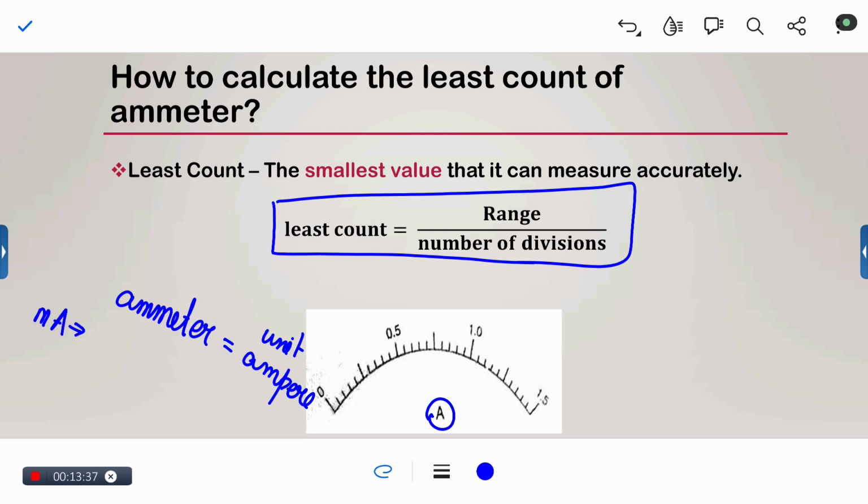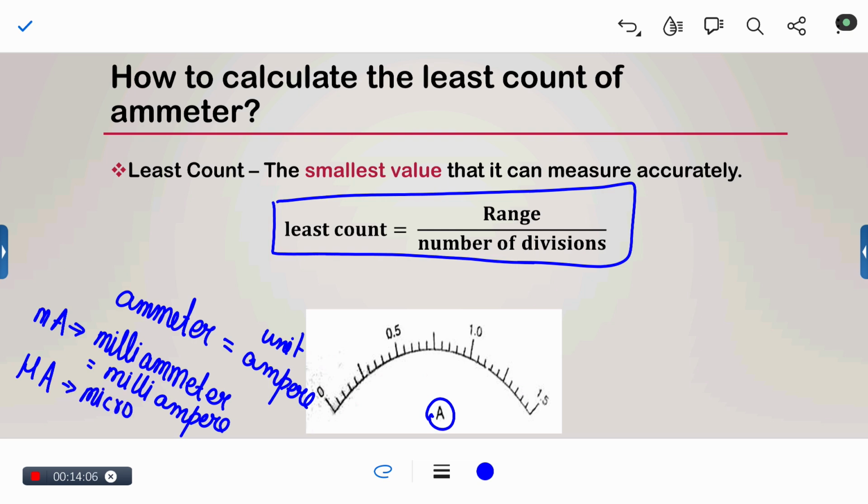By that time, the given device is a milliammeter, and whenever you are using a milliammeter, the unit of current is expressed in milliampere. These you need to remember. And if it is given with the symbol mu, that means micro. It represents that the given device is a microammeter and the unit is expressed in microampere.